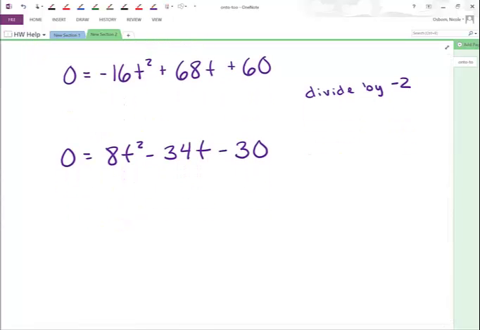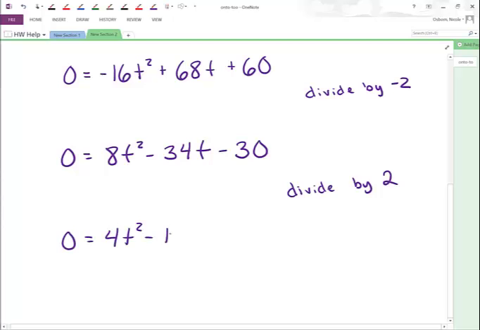Now, once again, I can see that all of these are even values, the 8, the negative 34, and the negative 30. So I'm going to go ahead and divide by 2 again. That gives me 0 is equal to 4t squared minus 17t minus 15.